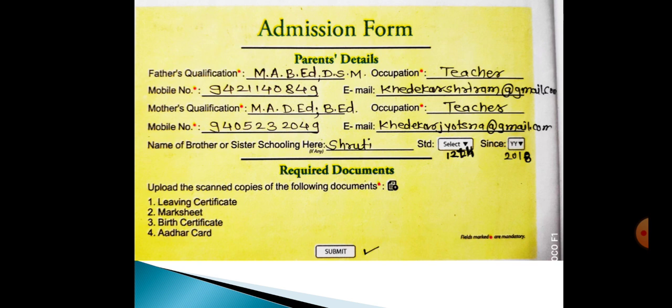So remember in your mind, when you are going to fill any online form in your life, whatever information you fill in that form, first check it, and then click on the submit button. You check your name spelling, your address, your father's name, your mother's name, all information should be written here accurately.